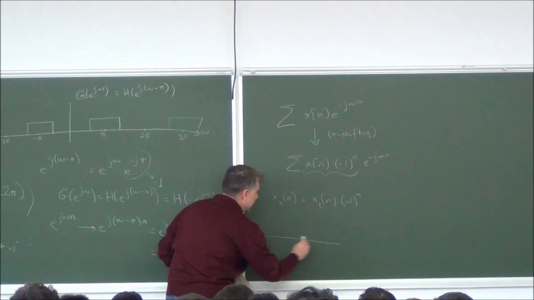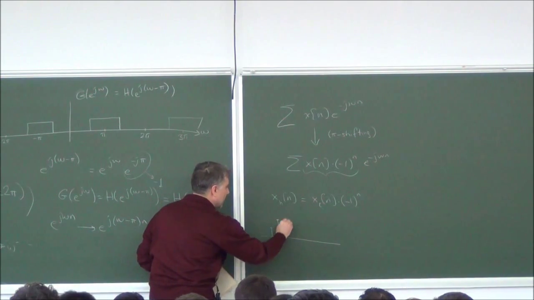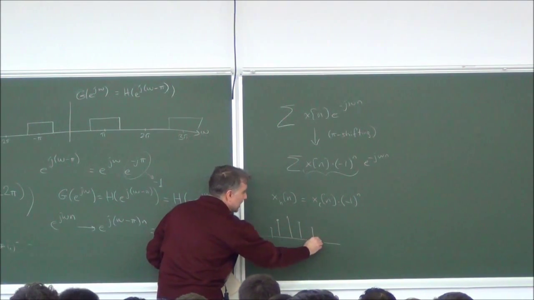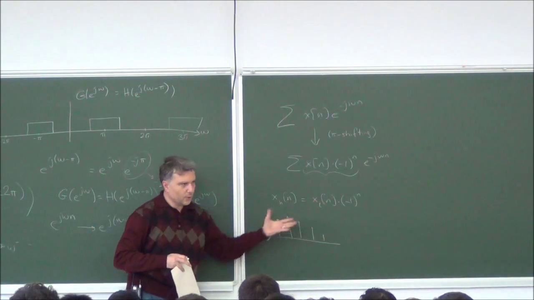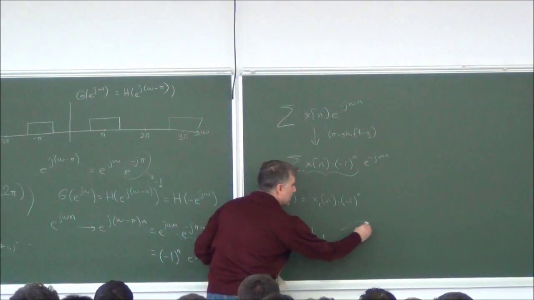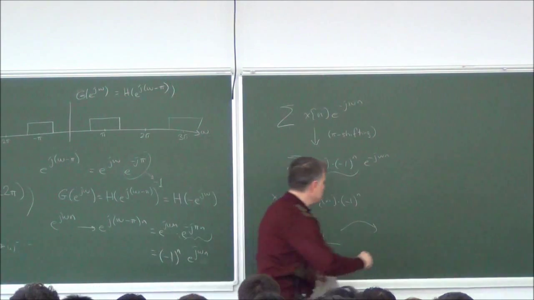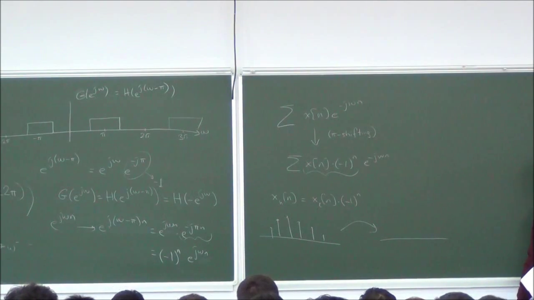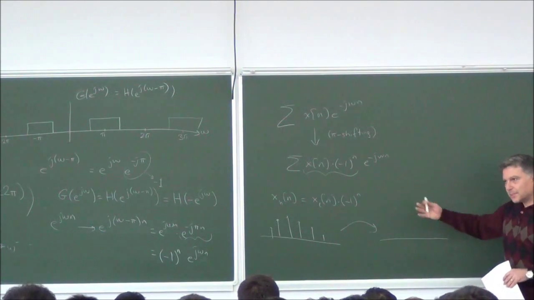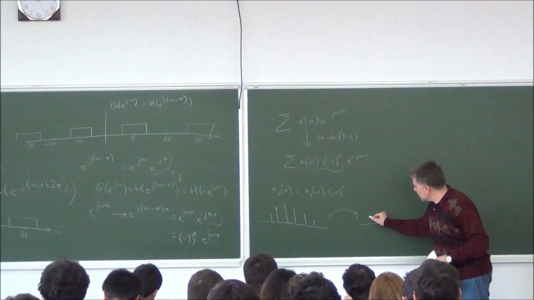You, for example, take a low frequency looking signal like this, smoothly varying, and you make it alternating in magnitude, plus and minus alternating.